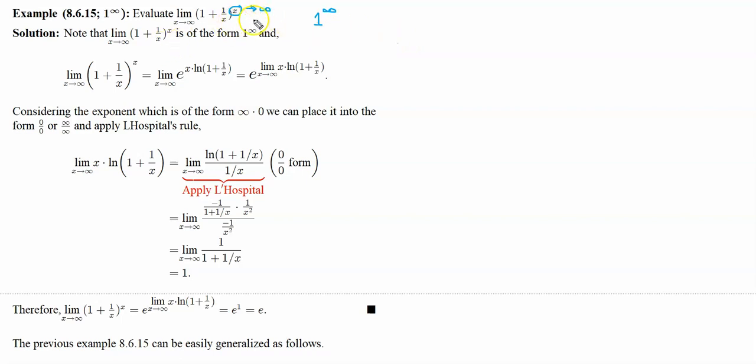Now let's see how we can evaluate this. So what we're going to do is algebraically manipulate it and show that a limit of the form 0 over 0 comes out. So here's how we do that right here. So notice that we can write this limit, the limit of this quantity, as e to the x times ln 1 plus 1 over x power.